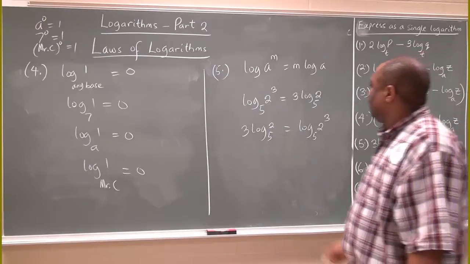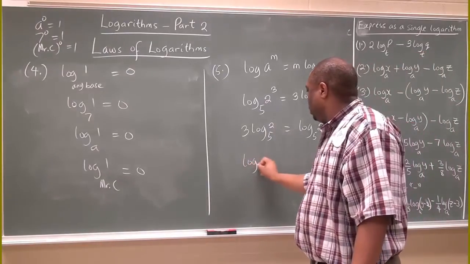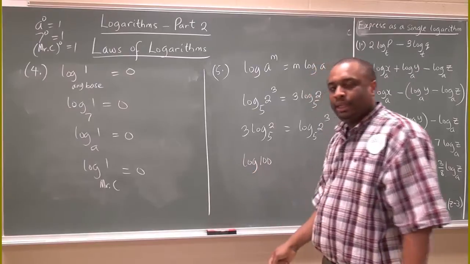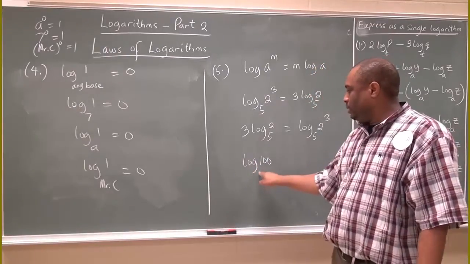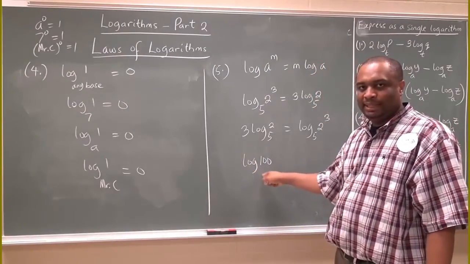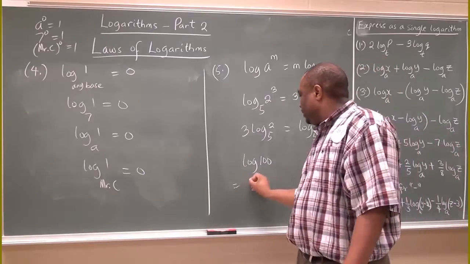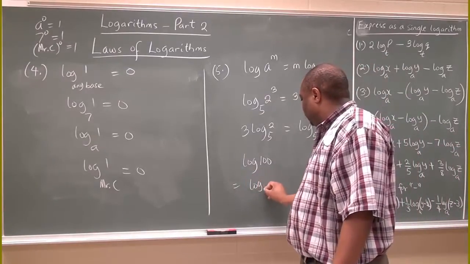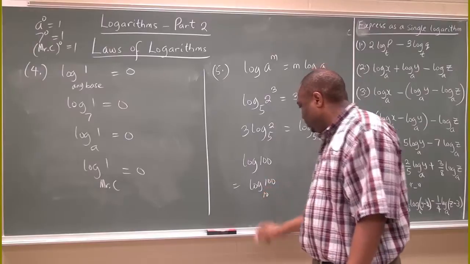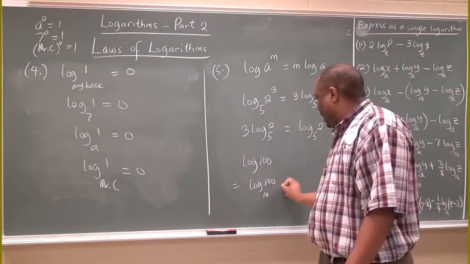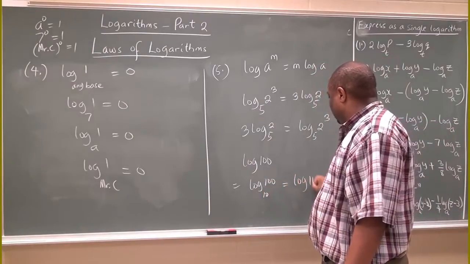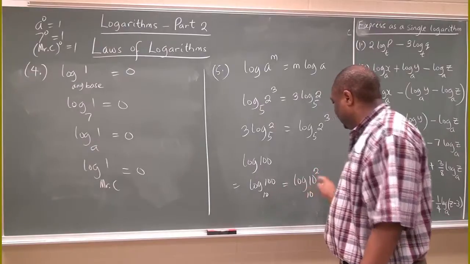If you have a log of 100, we know that this is base 10. So this means log of 100 base 10, and this is equivalent to log of 10 raised to power 2 base 10.